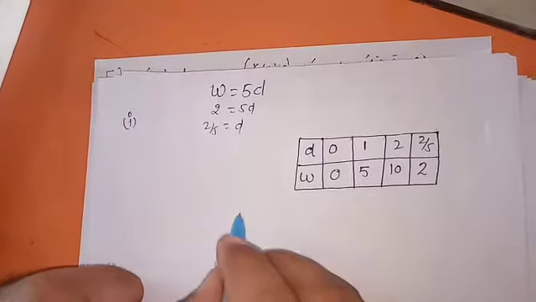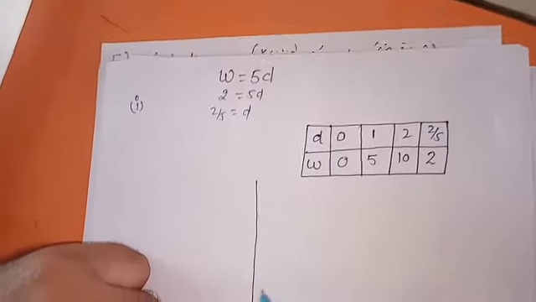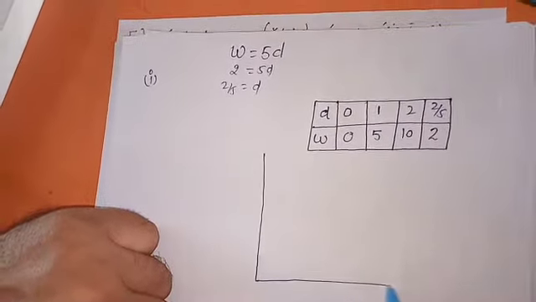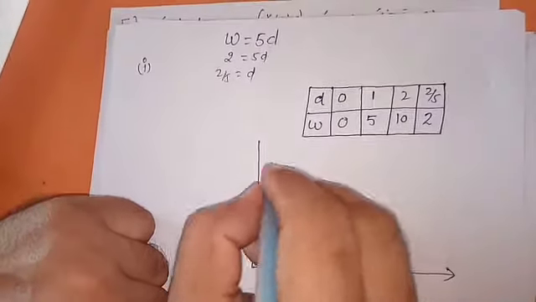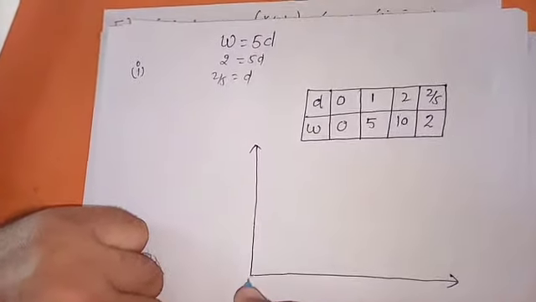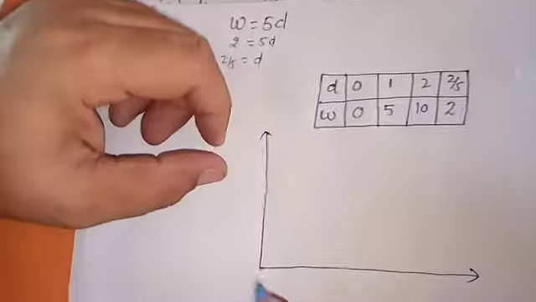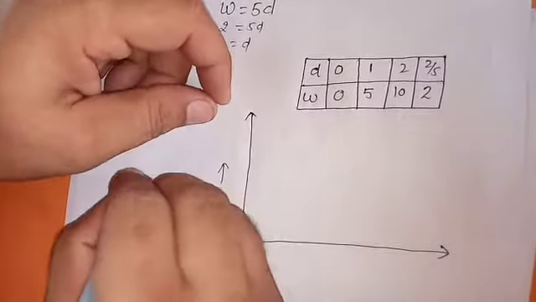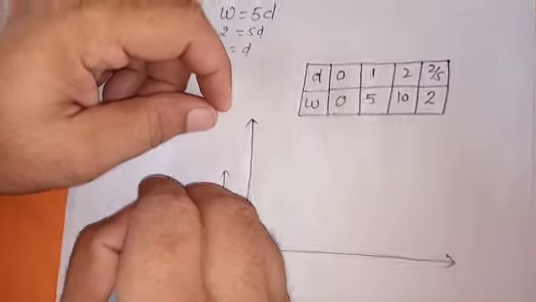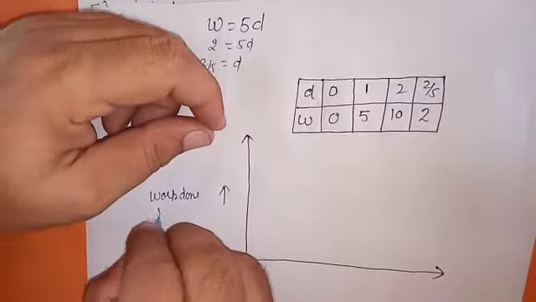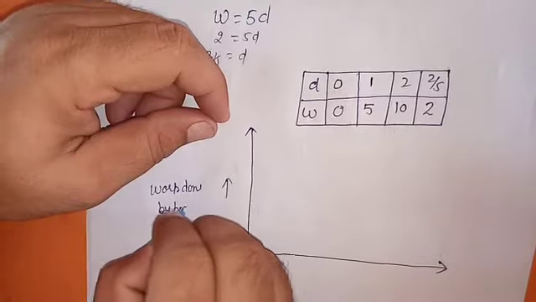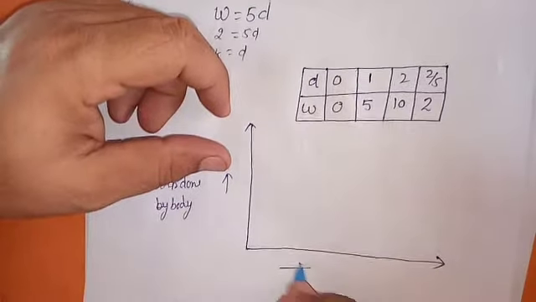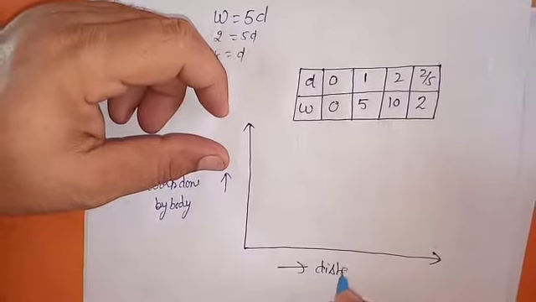So the graph is like this. This is the origin. Work done by the body we are taking here, and this is the distance traveled.